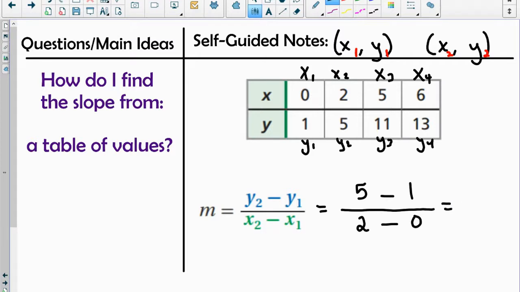Now I do my subtractions. 5 minus 1 is 4. 2 minus 0 is 2. And I simplify my fraction. In this case, they would divide out evenly. And we can leave it as, let's see, 4 divided by 2 is 2. So my slope, or m, is equal to 2. We use m to represent slope.